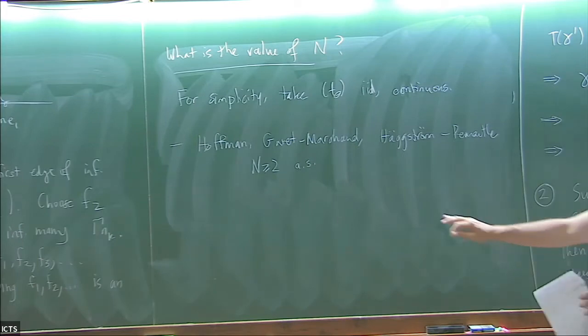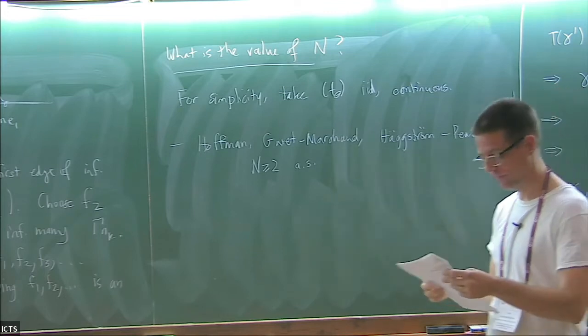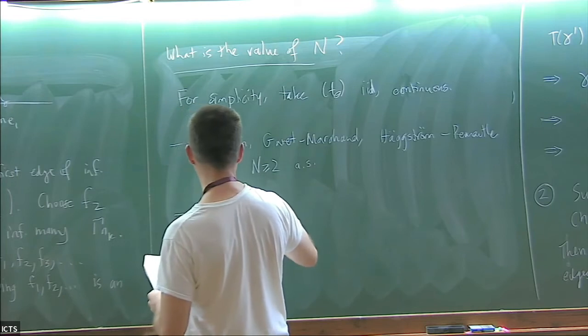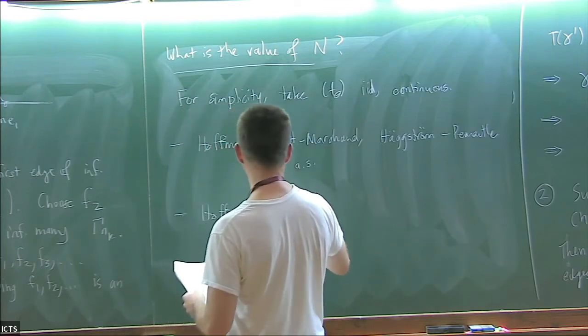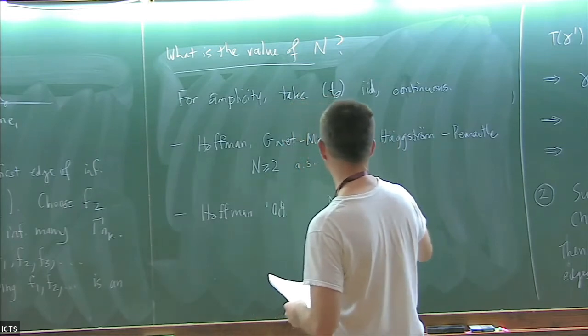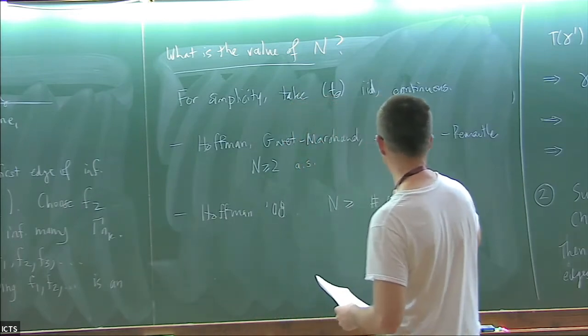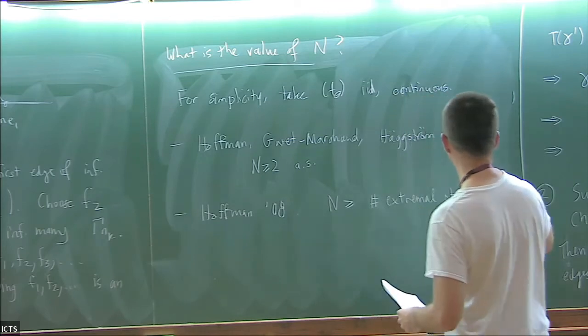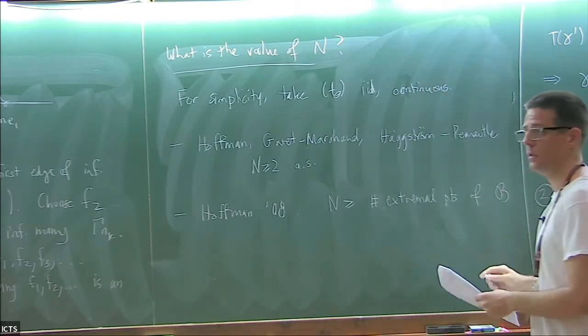And this is what we're going to be talking about in a minute. There's also a result, Hoffman from 08: n is at least equal to the number of extremal points of the limit shape B.